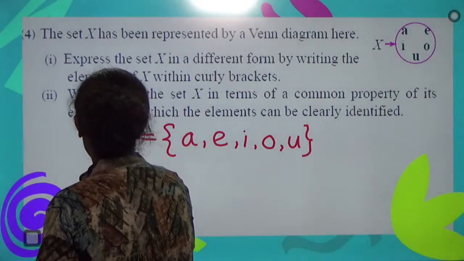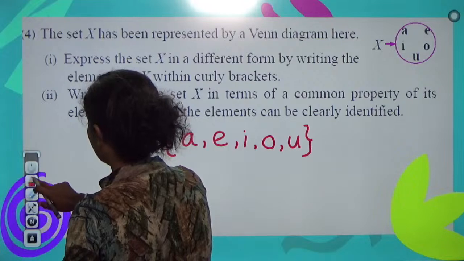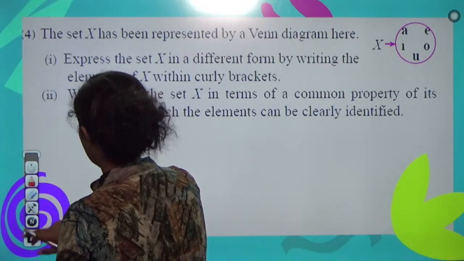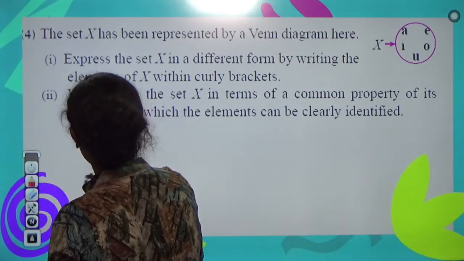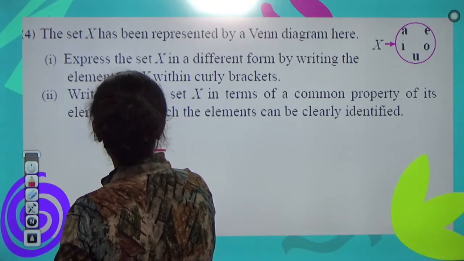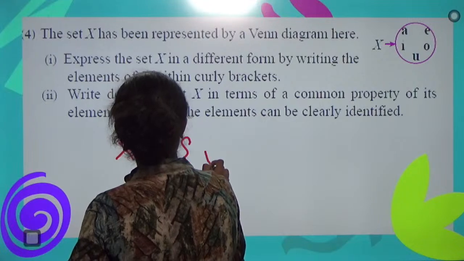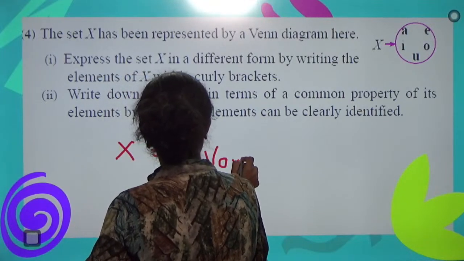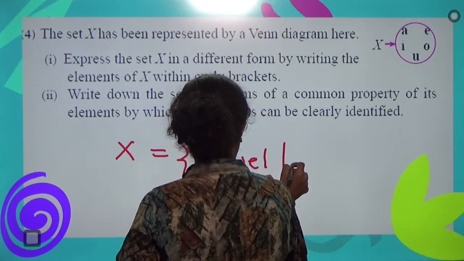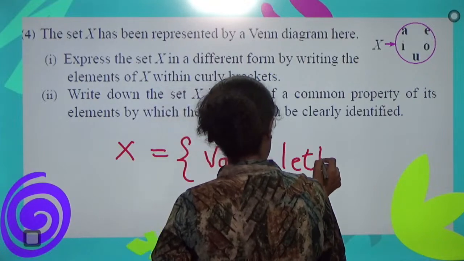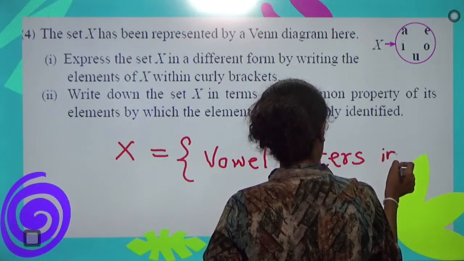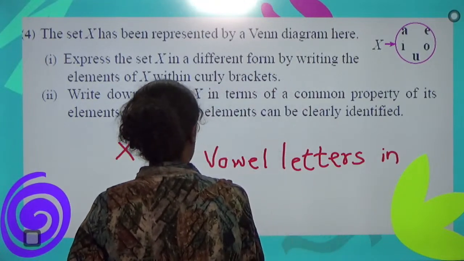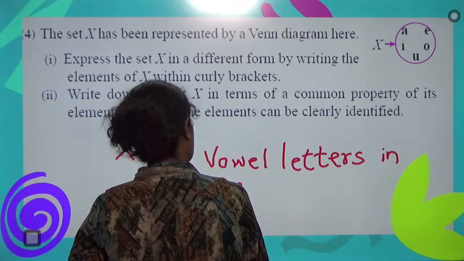So, X is equal vowel letters in English alphabet.